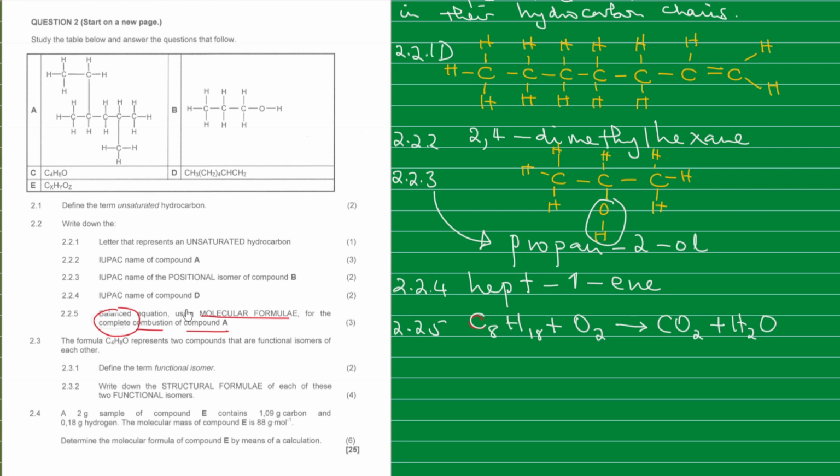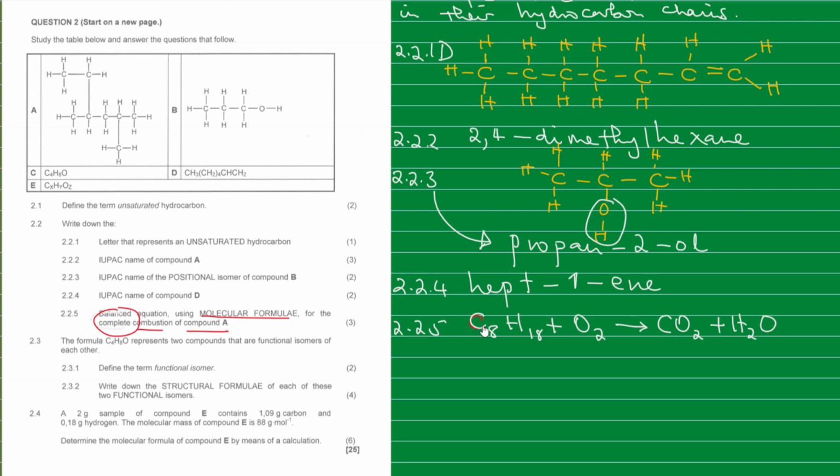But now we must balance it. Balancing means that we are applying the law of conservation of mass: on the left, in our reactants, we need the same number of atoms of each element as on the right.